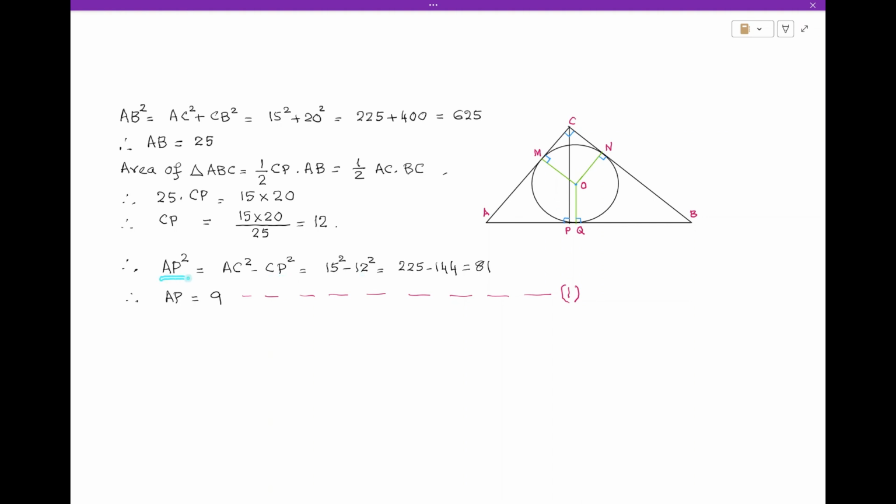Therefore, AP square is 15 squared minus 12 squared, which is 225 minus 144, which is 81. Therefore, AP is equal to 9. We have now found the value of AP. Now, we will find the value of AQ and then subtract AP from AQ to get the distance PQ. Let us call AP equals 9 equation 1.